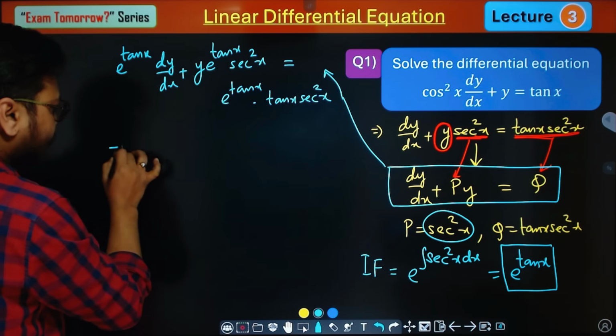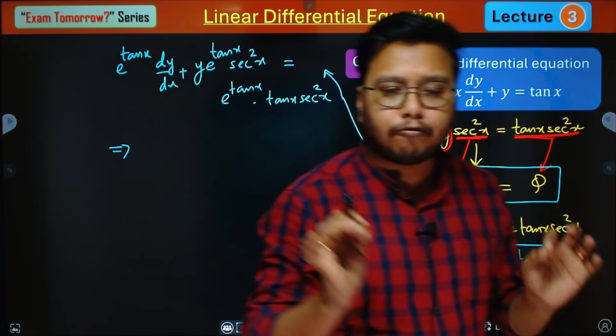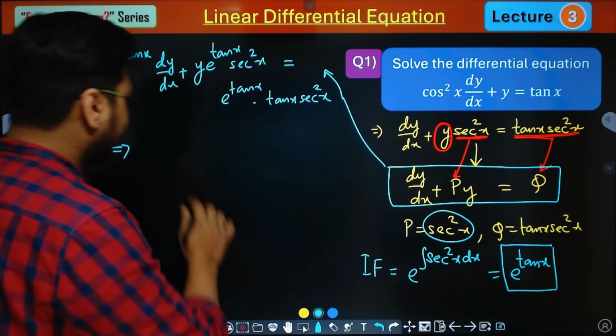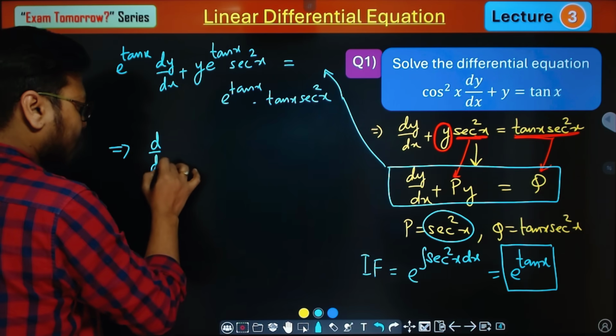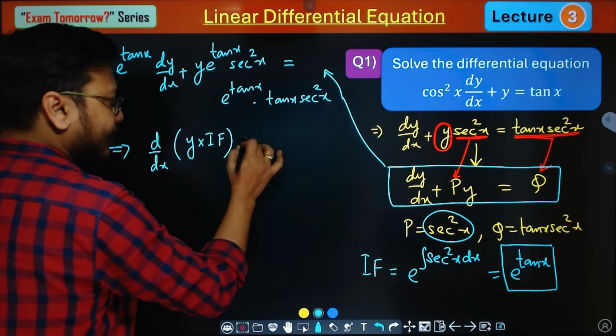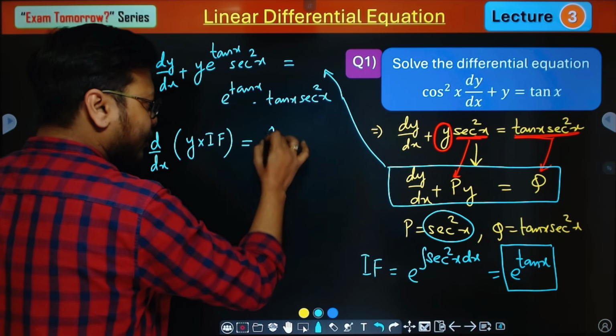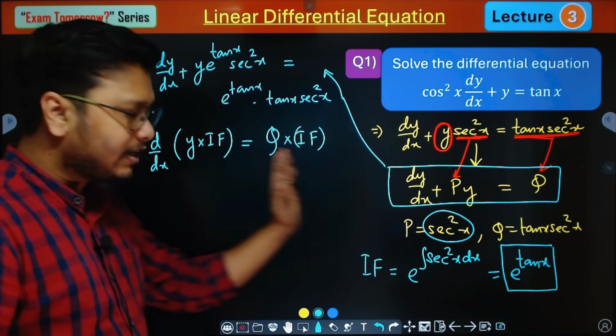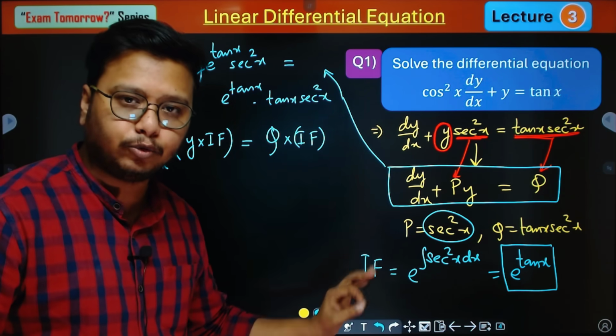Now you can remember one direct format of the solution. The format will always be d dx of y into integrating factor equals q into integrating factor. This will be the format of the solution.